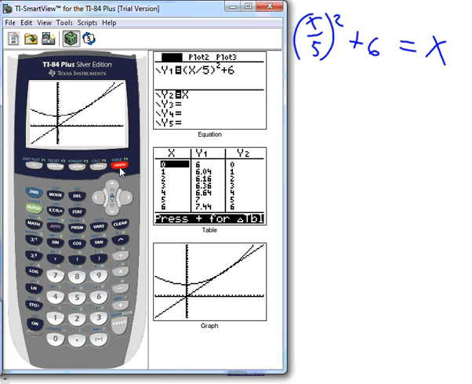I'm going to use the zoom box. The Z box. Sounds like you're Dracula when you say Z box. All right. Here. Enter. And then drag the box over around the area that's important. Come on.